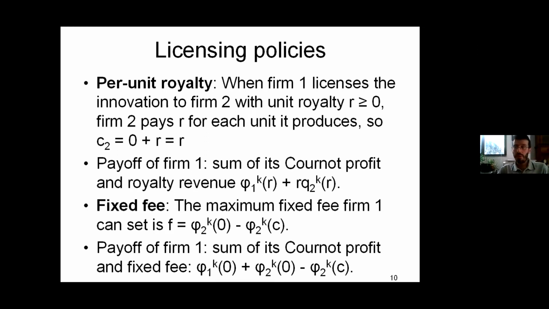Then in stage 2 of the game, firm 2 decides whether or not to accept the licensing offer of the patentee. And finally, in the last stage of the game, the two firms compete in a duopoly style, and payments are made according to the licensing scheme that has been proposed by firm 1 and then accepted by firm 2.